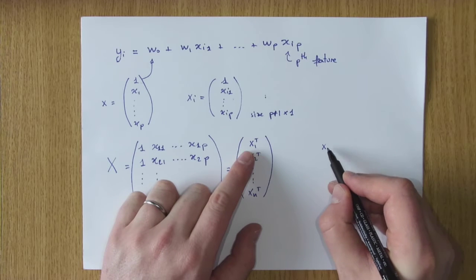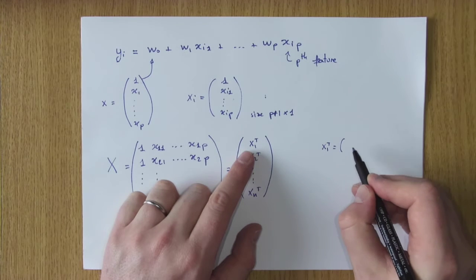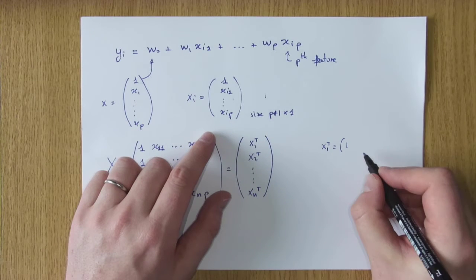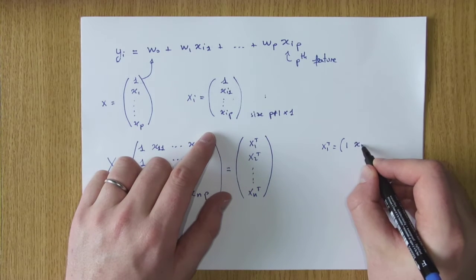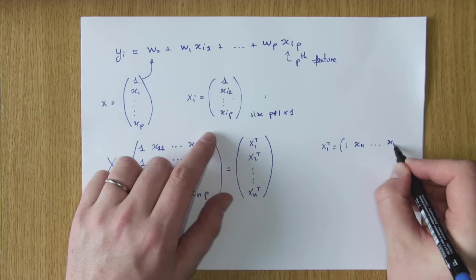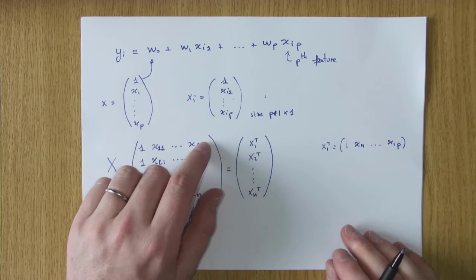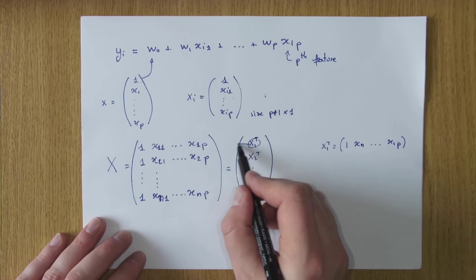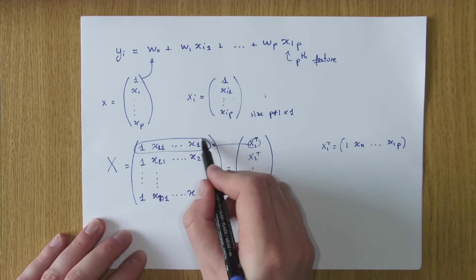Remember, x1 transpose is just this vector in a horizontal way, so that would be 1, x11 to x1p. It's really just this row here.